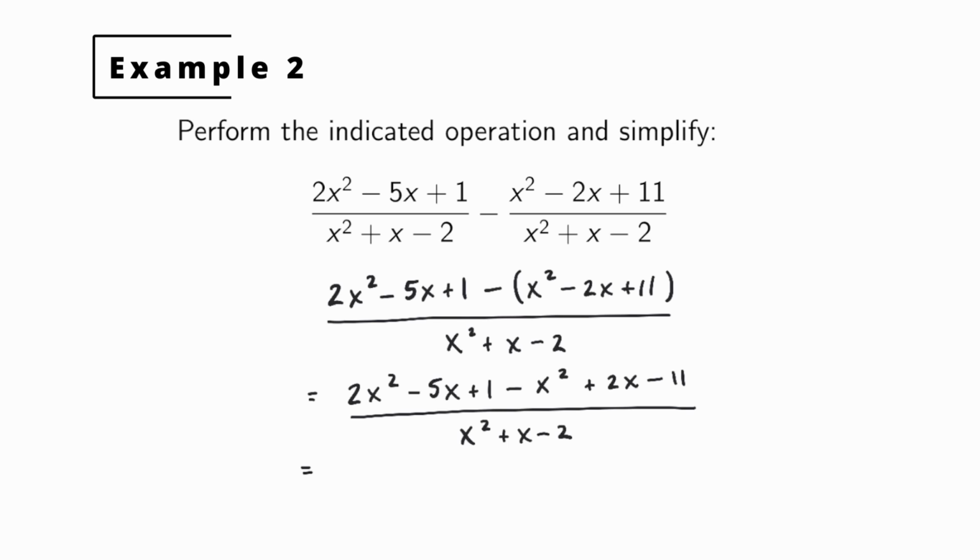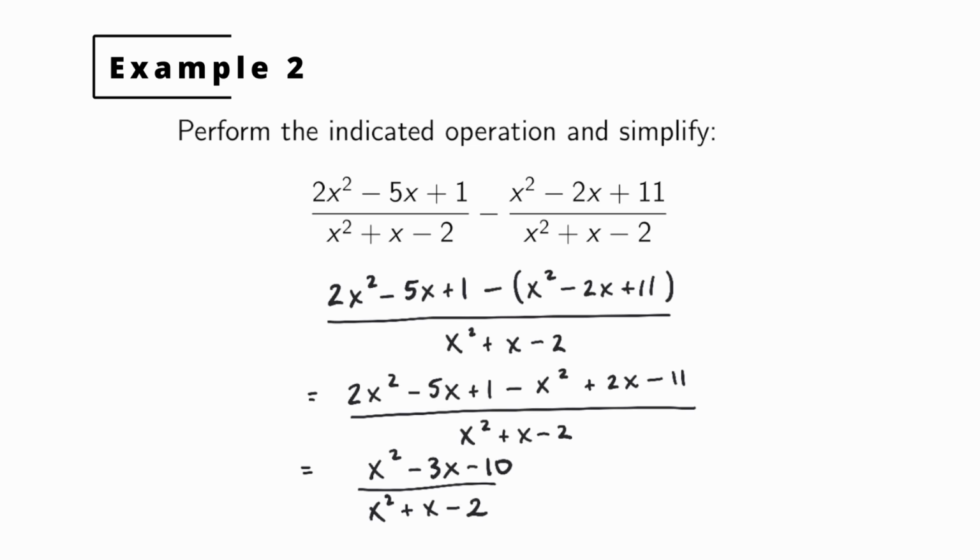So we have 2x squared minus x squared will give us x squared. Negative 5x plus 2x will give us negative 3x. And 1 plus negative 11 will give us negative 10. So we have x squared minus 3x minus 10 over x squared plus x minus 2.